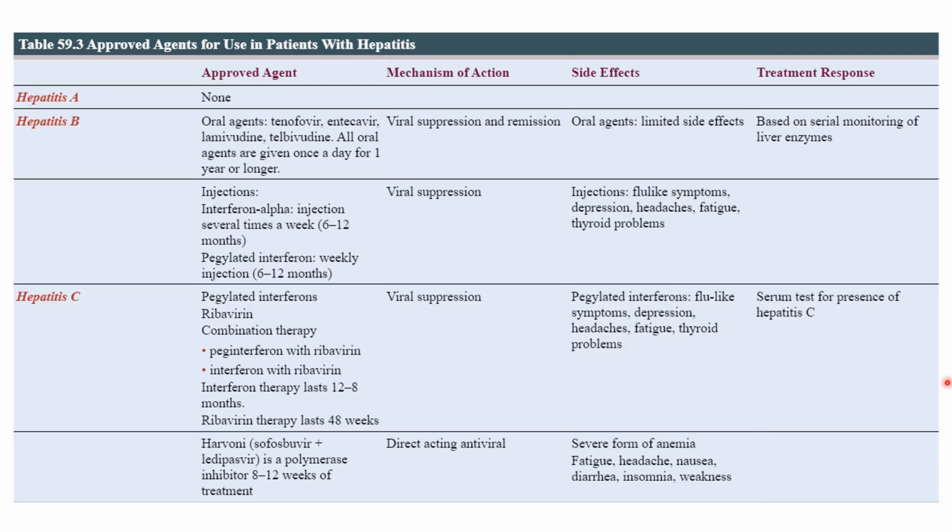This is a table from your textbook, table 59.3, of medications that are used to treat the different hepatitises. For the most part, most of the meds will be covered in your pharmacology class, but for hepatitis A, you can see that there are no medications because it's just supportive measures. This is self-limiting and it should go away on its own. It just runs its course.